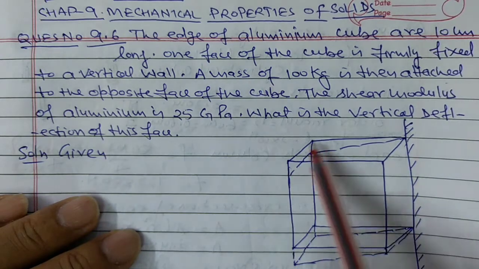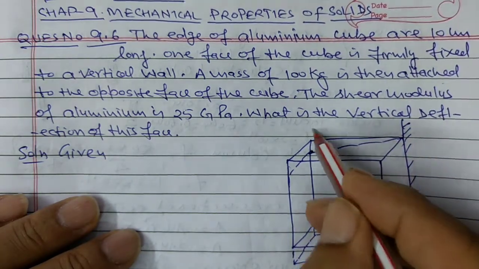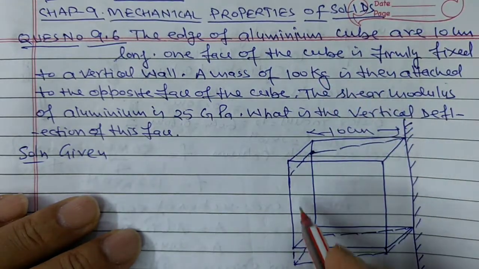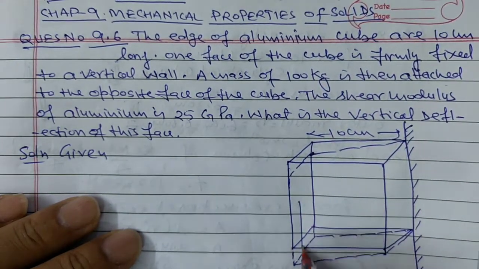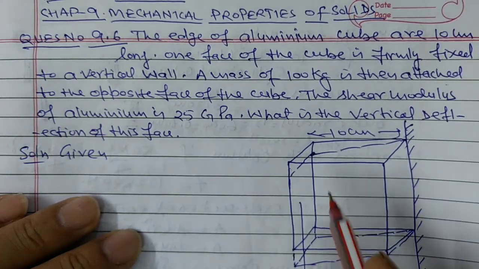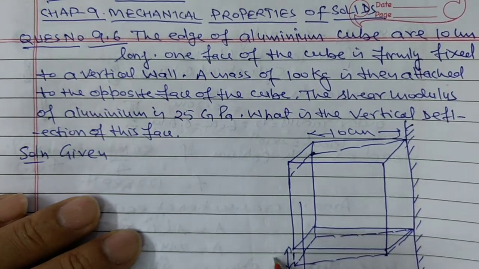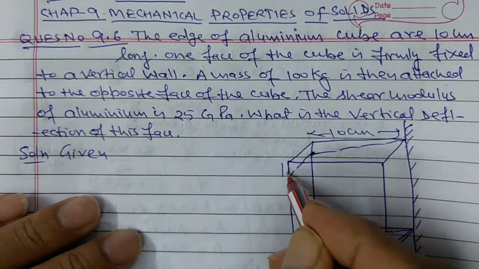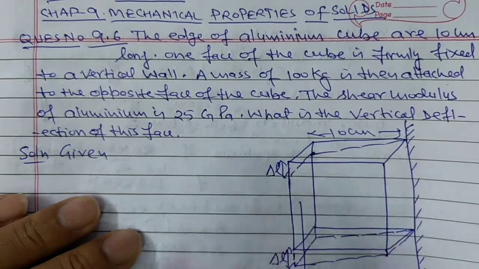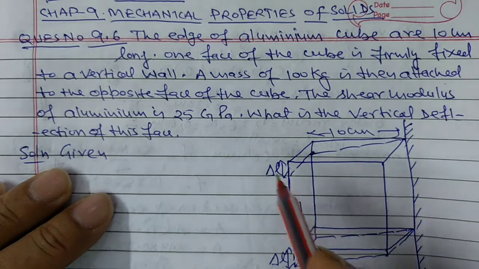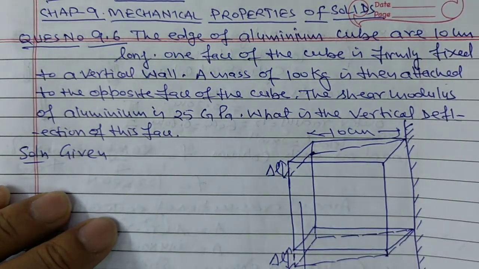Due to this, the cube deflects to the side. Suppose this is delta L, this is also delta L here. What is the vertical deflection of this face? We have to calculate the value of this delta L.